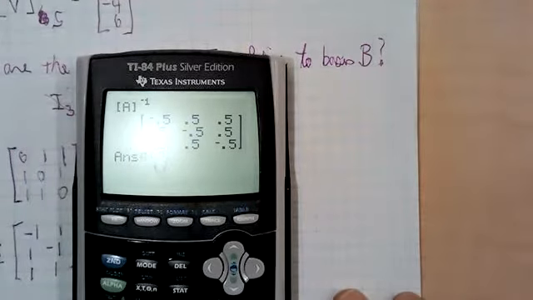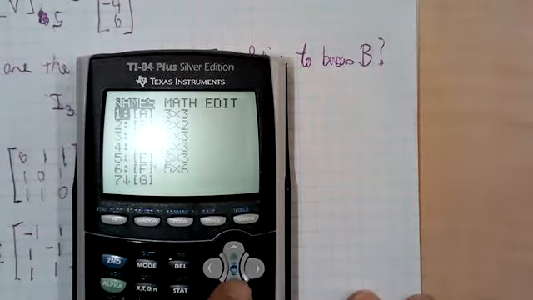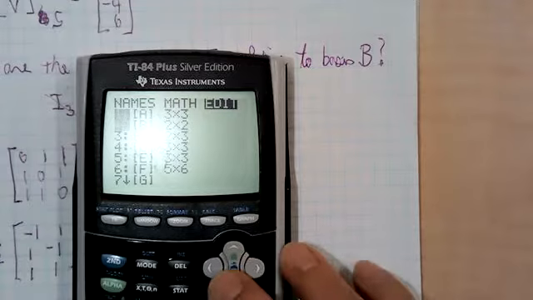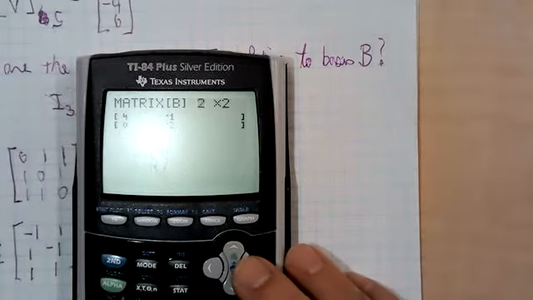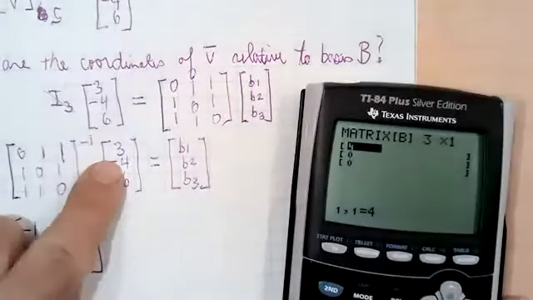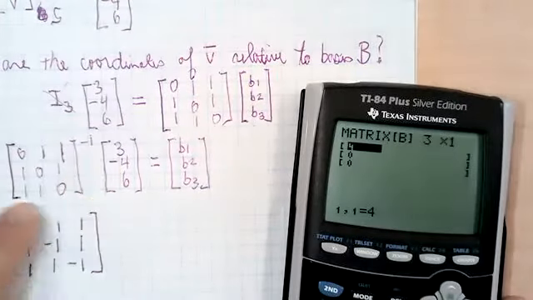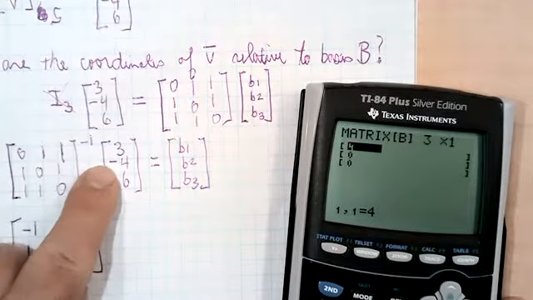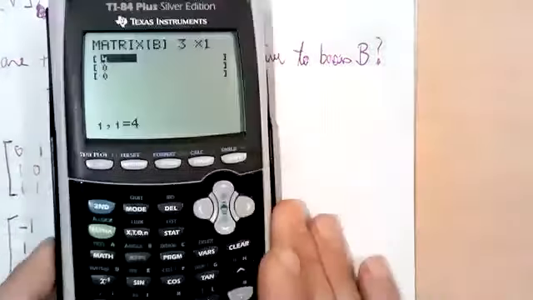And then I'm going to multiply it by, oh, darn, I need that entered. That's a 3 by 1. And the factor on the right is 3, minus 4, 6.